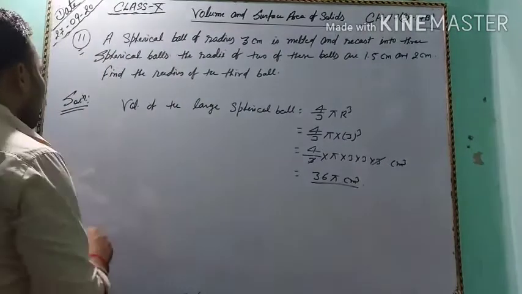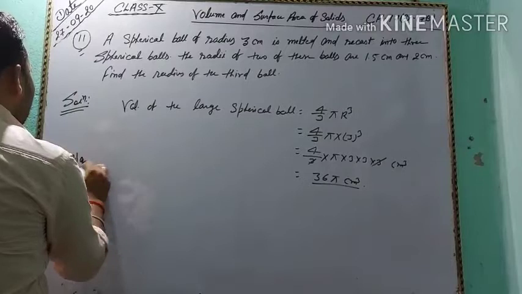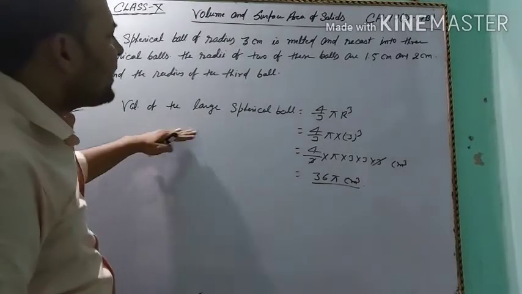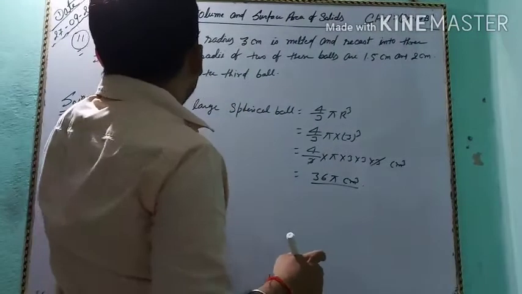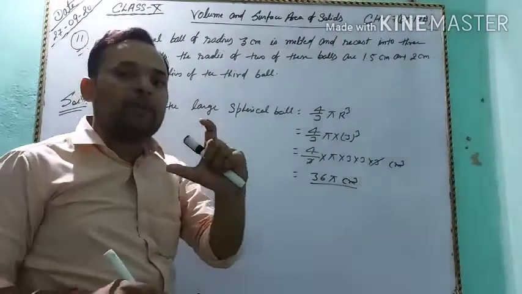For students, according to the question, volume of the large spherical ball is equal to the volume of the 3 small spherical balls.